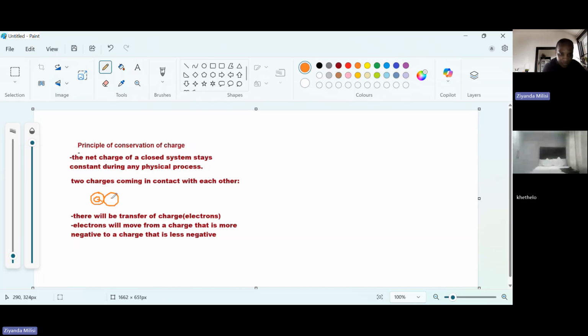There is charge 1, there is charge 2. They are in contact, so there will be transfer of charge or transfer of electrons.